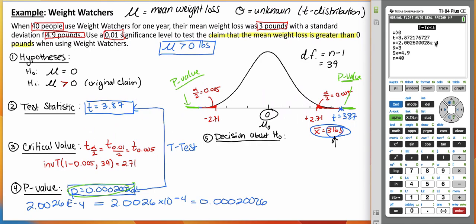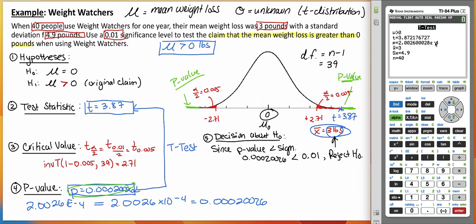If you're using the p-value method, we can see here that since the p-value is less than our significance level, so I'll write that down, 0.00020026 is less than 0.01, right? We will also reject the null hypothesis, okay? So because our results are statistically significant, we're going to reject the null hypothesis.